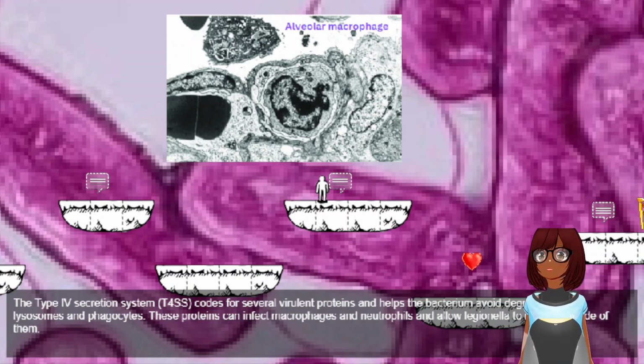The type 4 secretion system, T4SS, codes for several virulent proteins and helps the bacterium avoid degradation by lysosomes and phagocytes. These proteins can infect macrophages and neutrophils and allow Legionella to replicate inside of them.